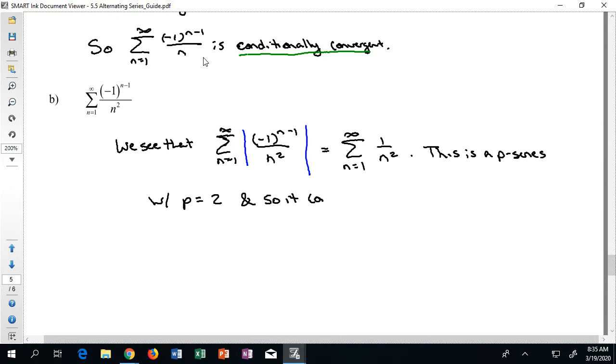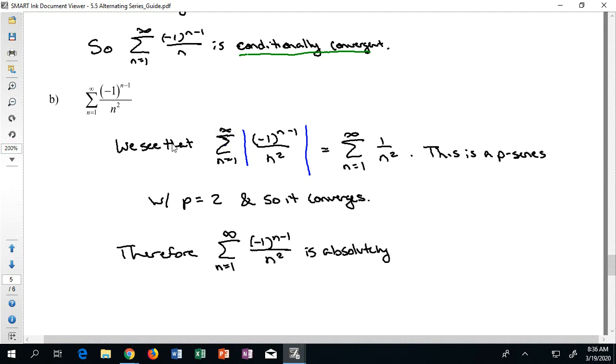And so it converges. Therefore, what title can I give the original series? Yeah, I can give this the title. This is absolutely convergent. It gets the blue title.